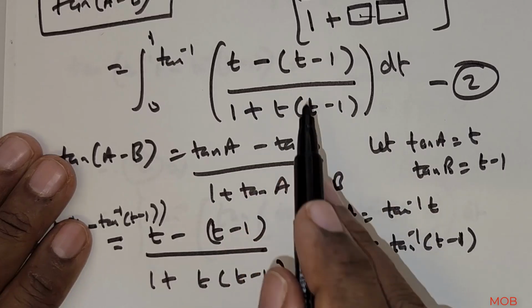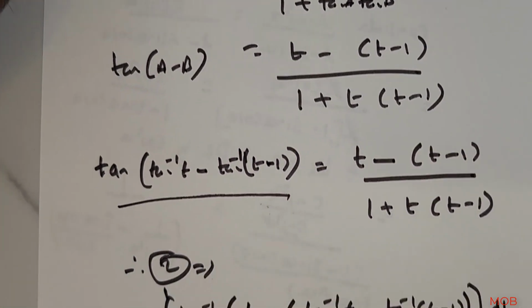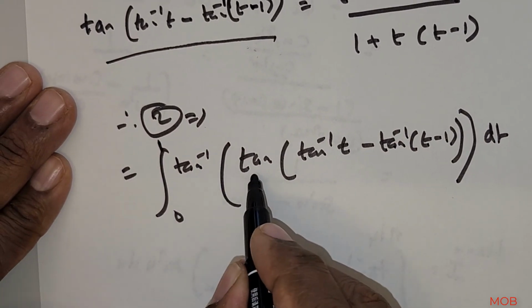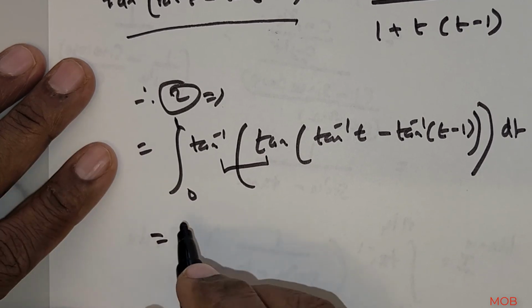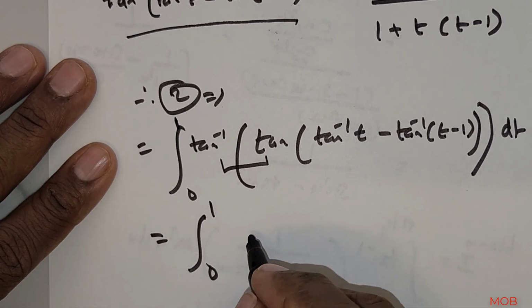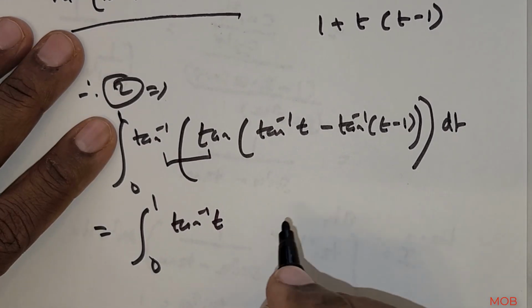Okay, so this is reduced to this representation. Now clearly you see your tan inverse and tan, they get neutralized, so leaving us with integral 0 to 1 tan inverse of t.